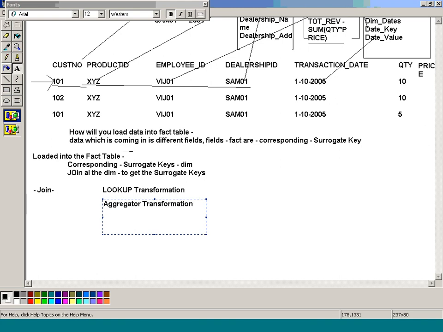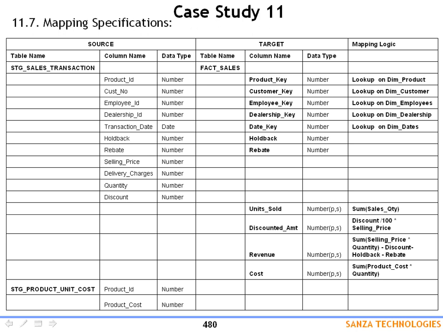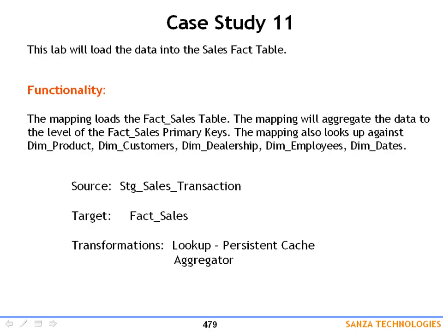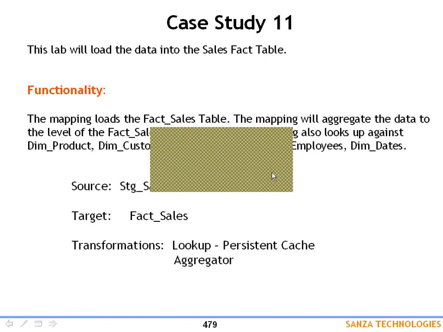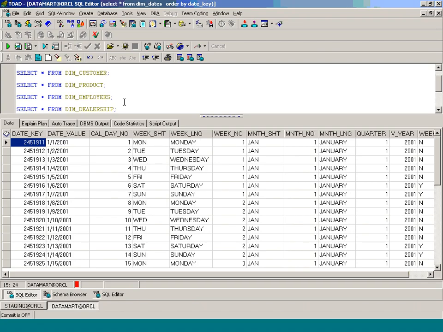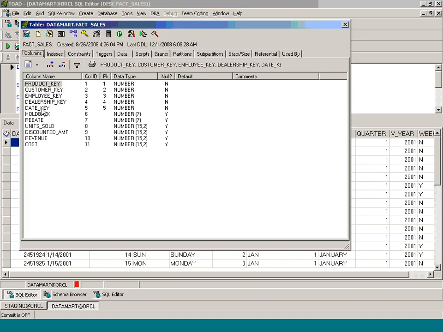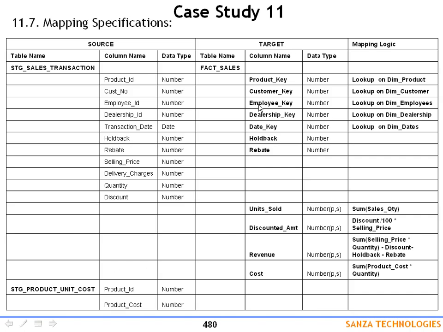On which keys should I aggregate it? The data to the level of the fact sales primary keys. What are the fact sales primary keys? The surrogate keys are your primary keys. So based on this, you have to aggregate it. So fact table primary keys are your group by keys. Then you calculate and load the data into the target table.